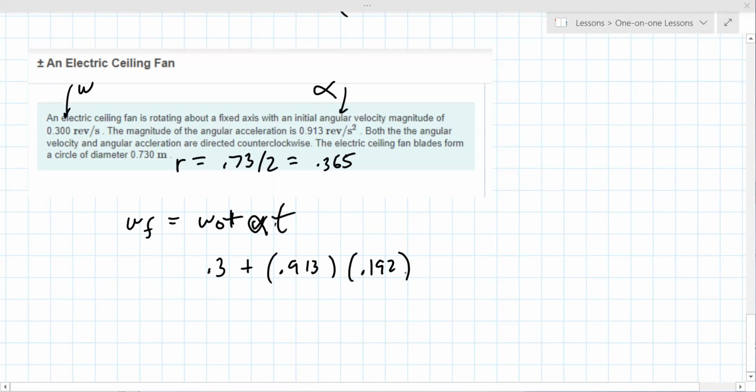I get 0.475. What do you get? Yeah, that looks good. That's for part A. Give that a try. The units are revolutions per second. Yeah, that's right. Correct. Important: if you use this answer in later parts, use the full unrounded value in your calculations.